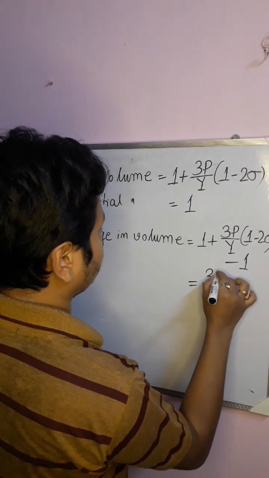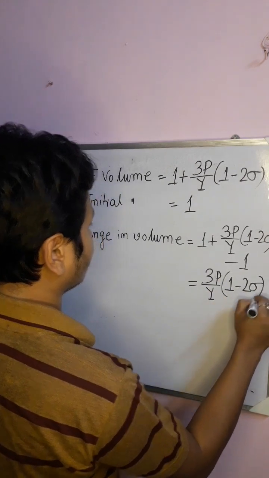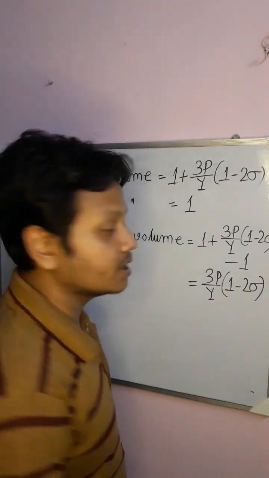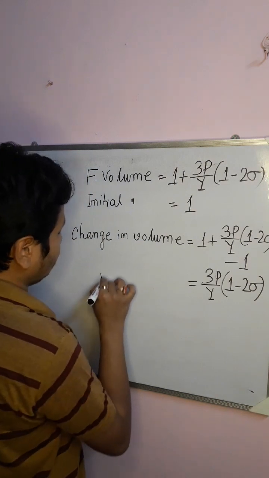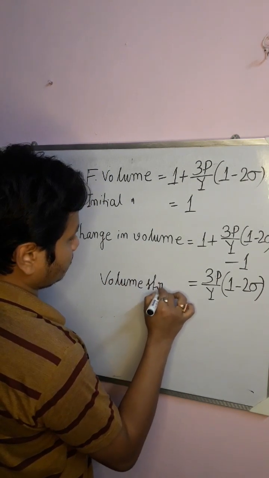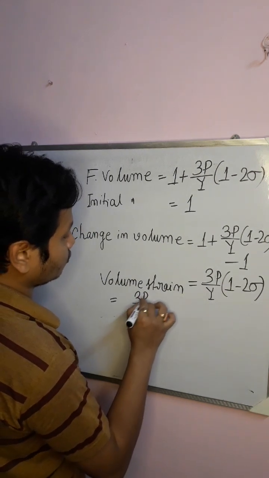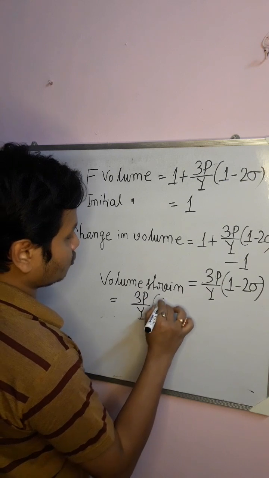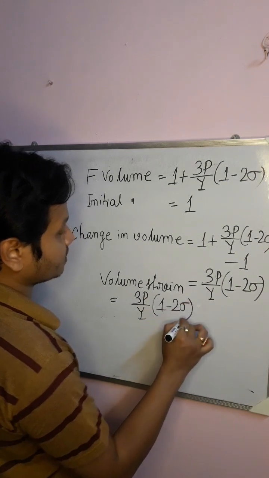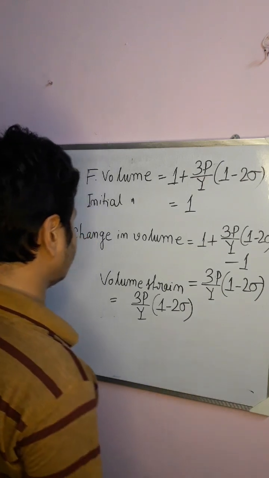So this means 3p by y into 1 minus 2 sigma. Now what will be the volume strain? Volume strain is simply change in volume by original volume. So this is the change in volume, and the original volume of the cube is 1. So this by 1, that means this is the volume strain.